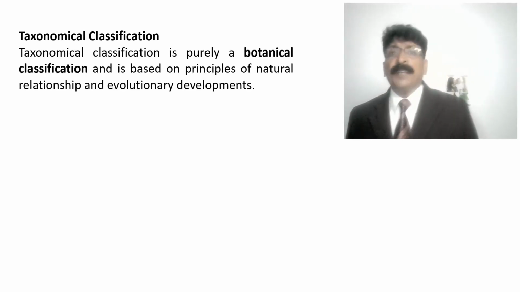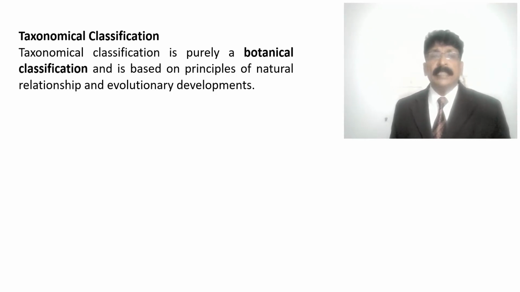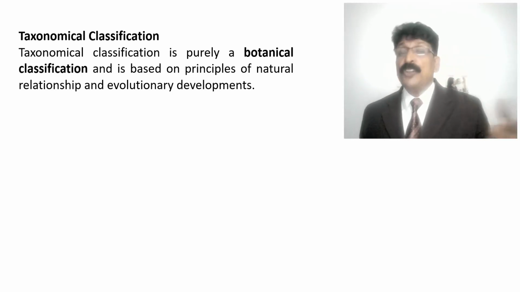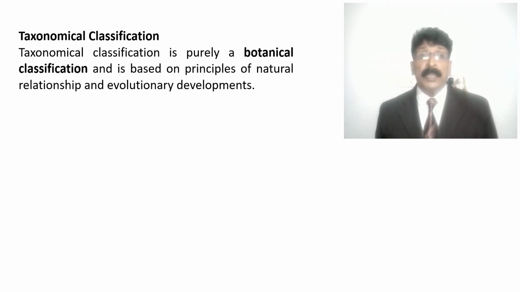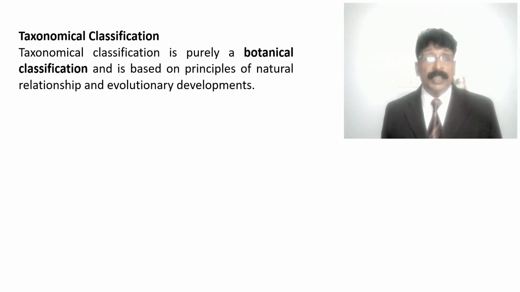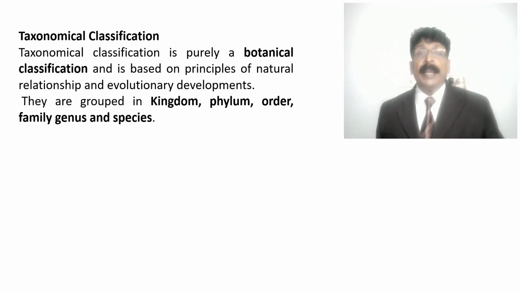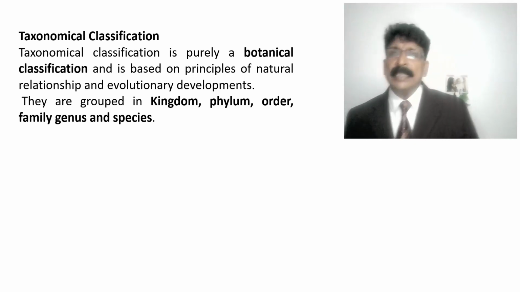Now coming to the important part, taxonomical classification. Taxonomical classification is purely a botanical classification and is based on the principle of natural relationship and evolutionary development. The evolutionary development, as I told in the class, is an important part. They are grouped in kingdom, phylum, order, family, genus and species.